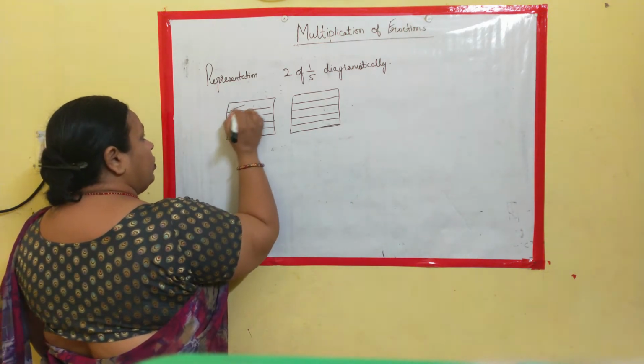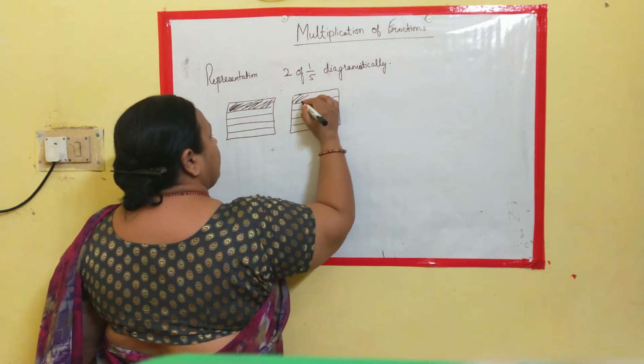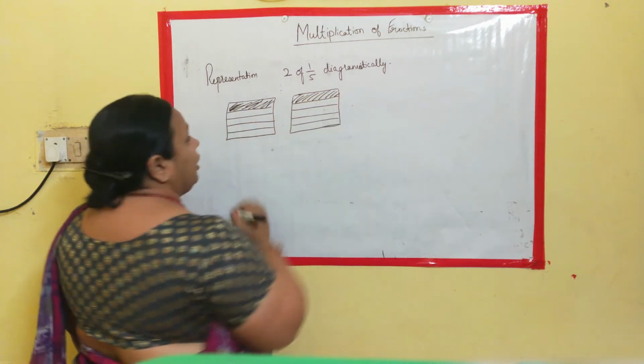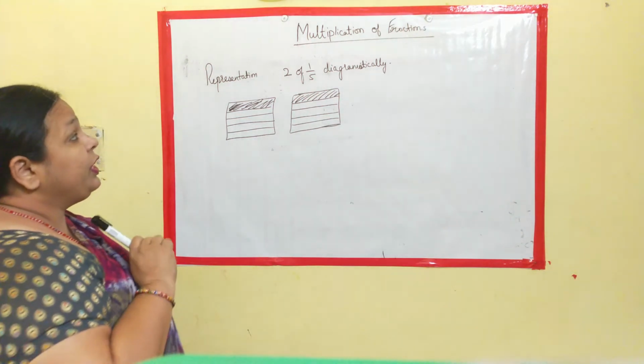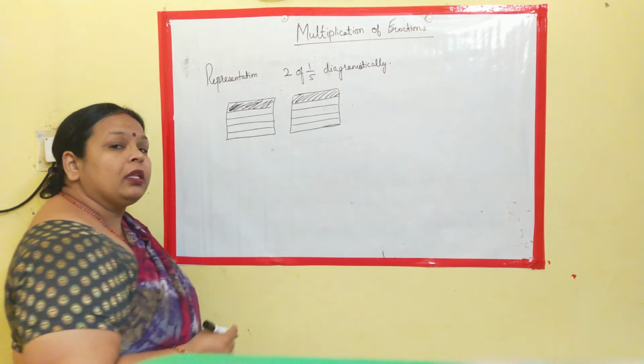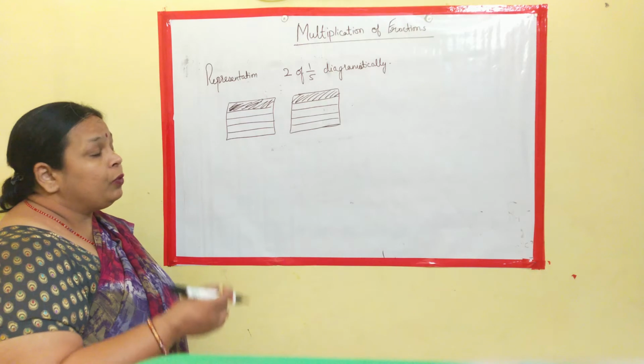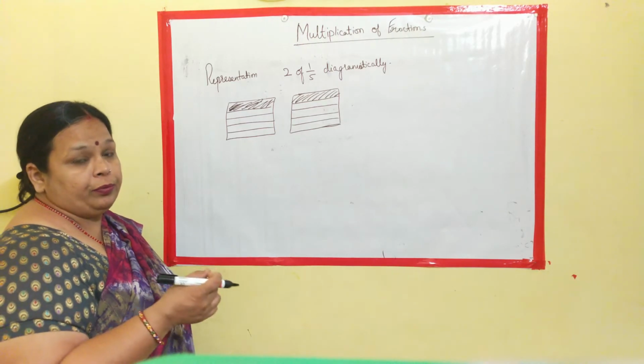And we will be taking only the one shaded part of this. So representing 2 of 1 by 5 diagrammatically will be done like this. Clear? Now, we'll be seeing a few more examples.